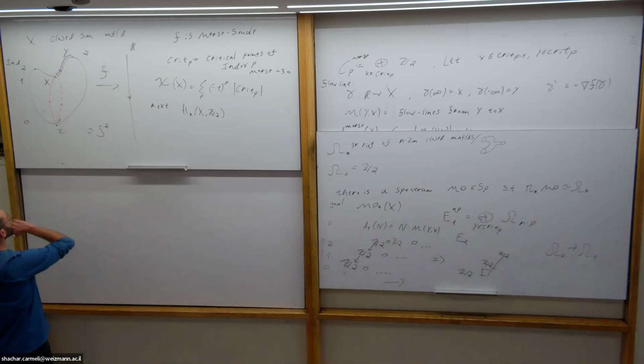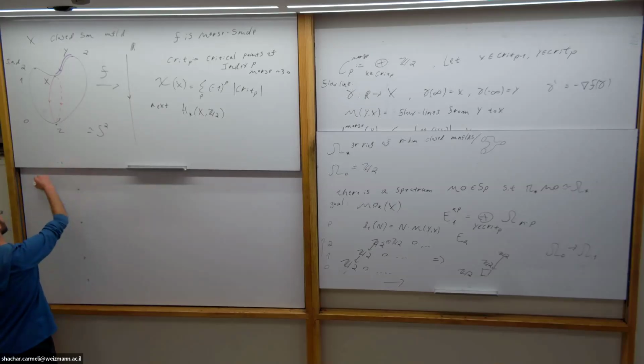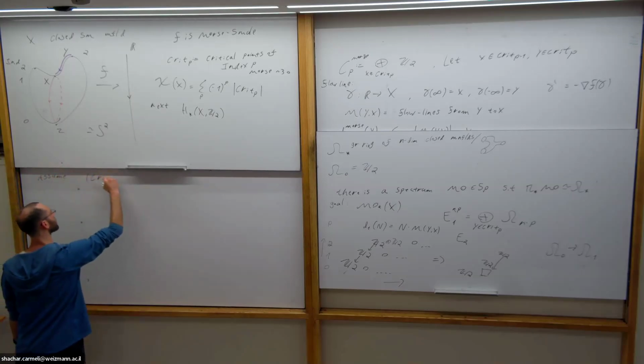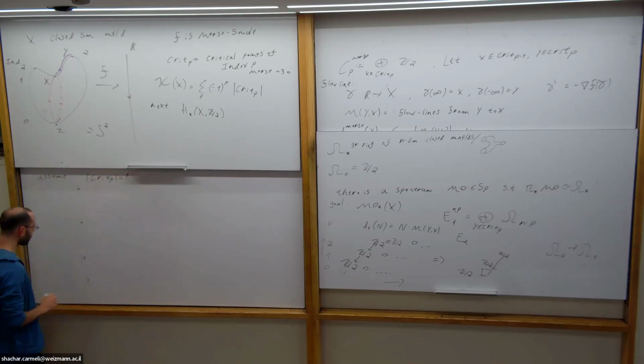So first, let's draw a more abstract picture. For simplicity, let's assume that we have only one critical point of each index. So let's imagine these are the critical points of index p, p plus 1, p minus 1, p minus 2.